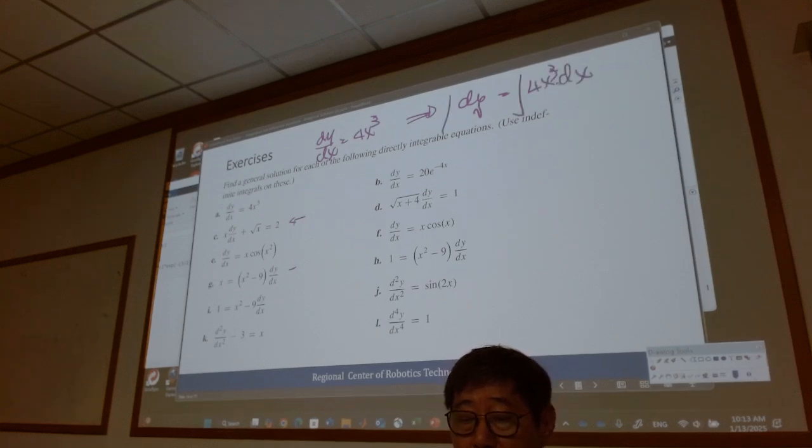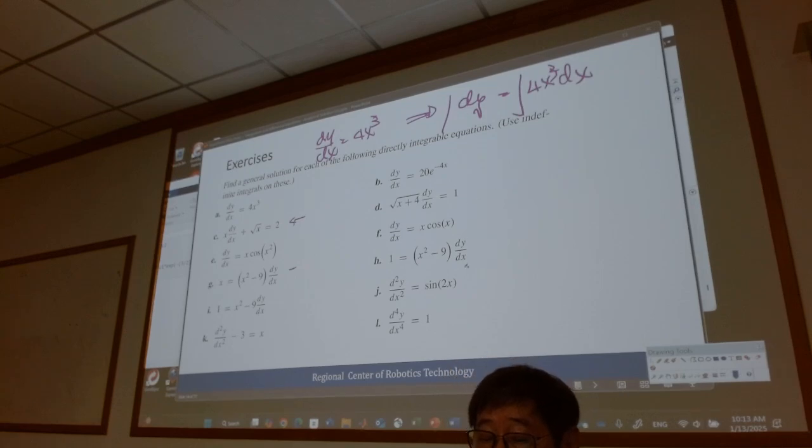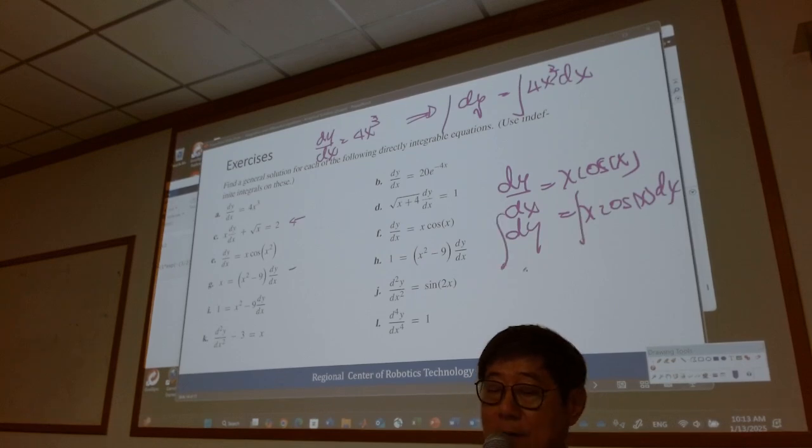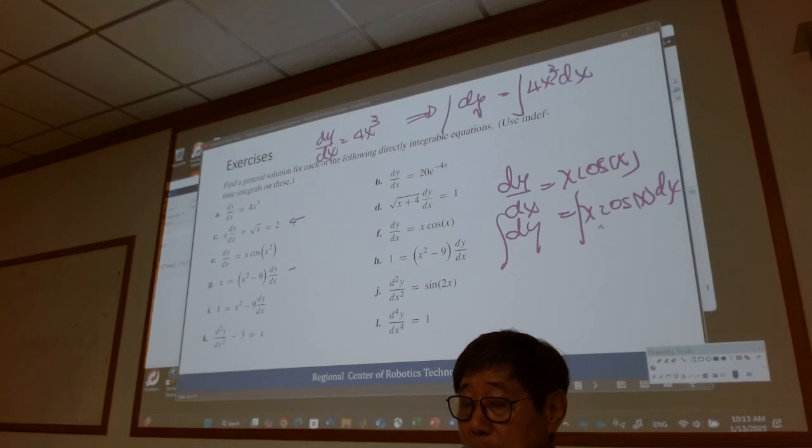You can integrate this one, right? dy by dx equal to x cos x, is it possible to integrate this one? x cos x dx, integrate, the solution. This you can integrate by parts, uv minus vu, remember? This one can be integrated by parts anyway.